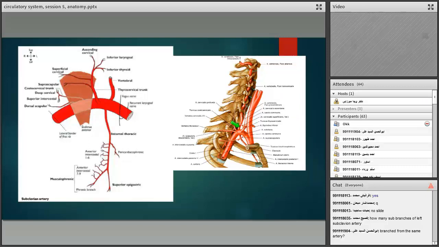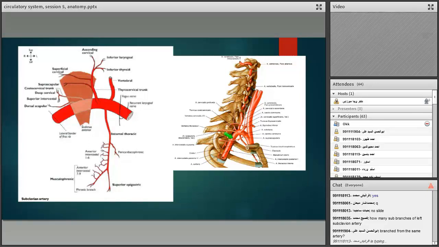The vertebral artery is branching from the subclavian artery on the right and left side. This is the thyrocervical trunk, and this is the internal thoracic artery, which I said supplies the blood for the anterior wall of the chest.